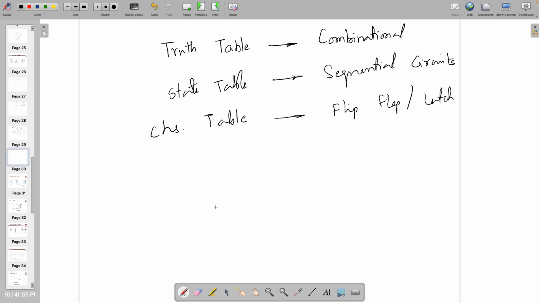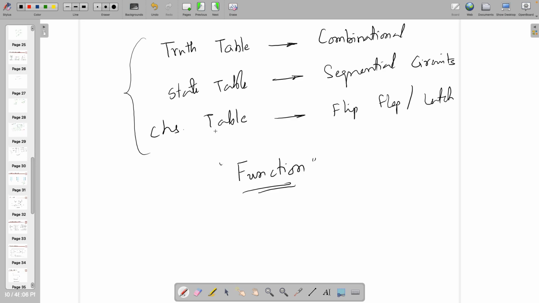And if you are writing the output in terms of input and so on, those are known as a function table. Characteristic table, state table or truth table, all of them can be known as a function table, right? So all are synonyms to each other, but this is how different books are defining things, right? But these are the popular ways to define it.